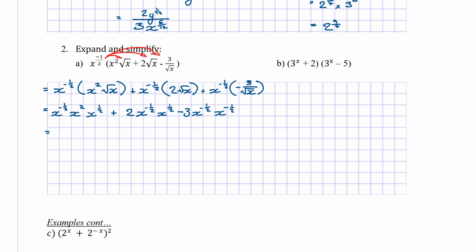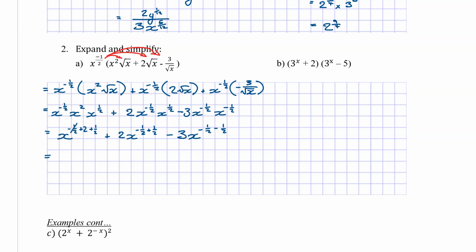Bringing all of these powers together, we get x to the negative a half, plus 2 plus the half, plus 2x to the negative half, plus a half. So that one's looking like it's going to be easy to deal with. Then the 3, x to the negative half, minus a half, also looking nice and easy to deal with.